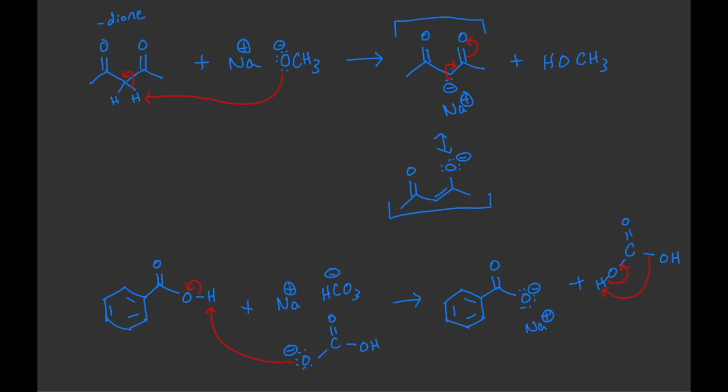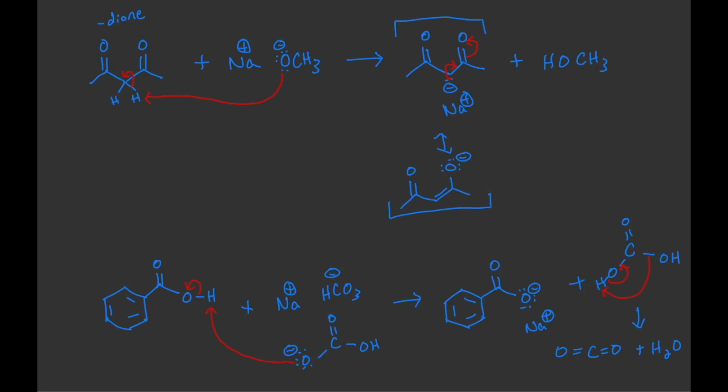And then what we're left with is actually CO2 plus water. And in most all reactions with sodium bicarb, you always get the negatively charged acid, or the conjugate base, and then you'll get CO2 and water as your two byproducts.